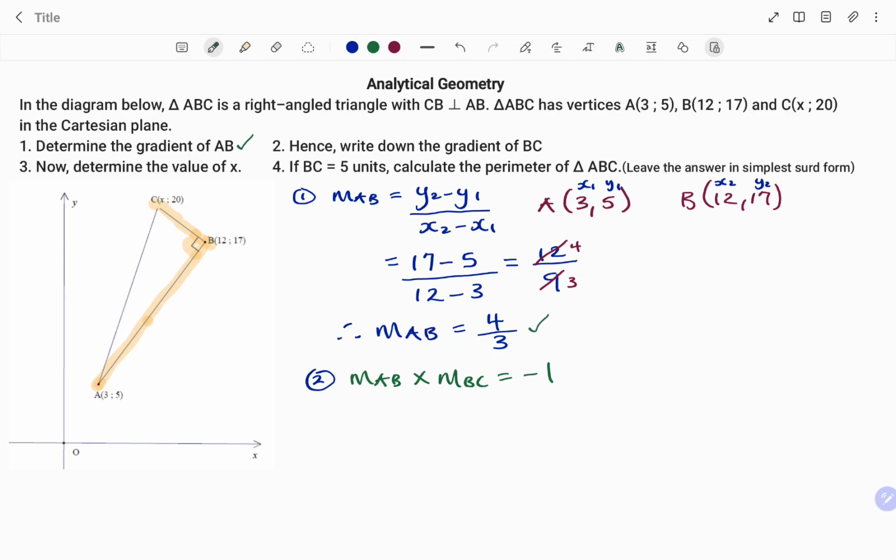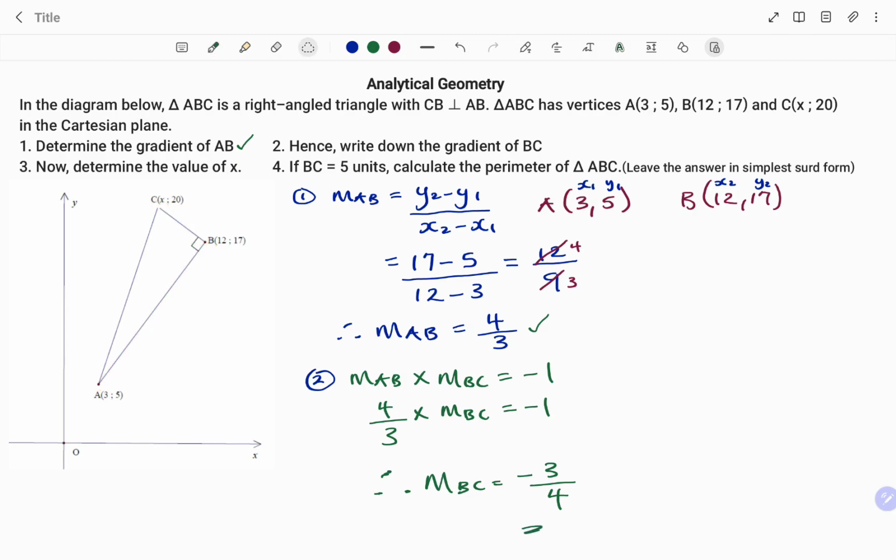From the first part of the question, we found the gradient of line AB to be 4 over 3, times the gradient of line BC equals -1. Therefore, taking 4 over 3 to the other side, the gradient of the line BC is equal to -3 over 4.